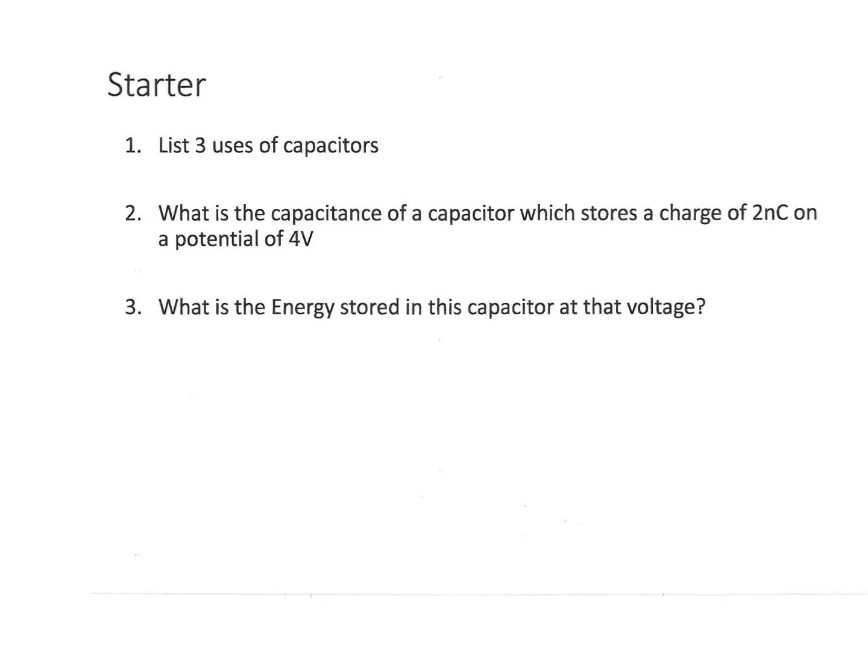So what are you using for your formula? C equals what? Okay. So what'd you get? Farads. Capacitors are measured in farads. How do we find the energy then? What's the energy stored? 1/2 QV.